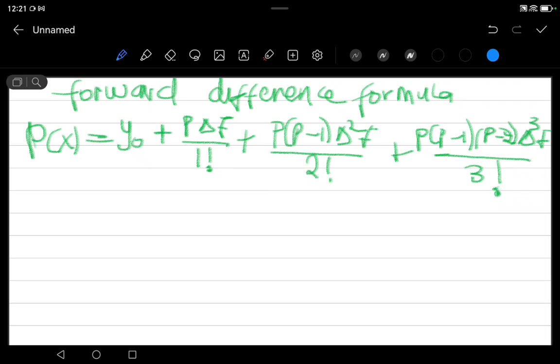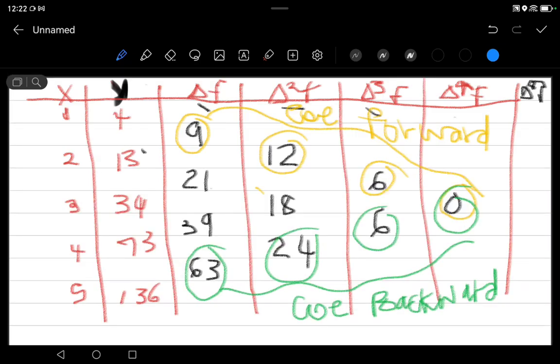Plus, let's say we have up to 5, okay. So if you want to write the number 4, it's just going to be P into P minus 1, P minus 2, and then P minus 3, and then change to the power of 4. Okay, so it's going to depend where your table ends.